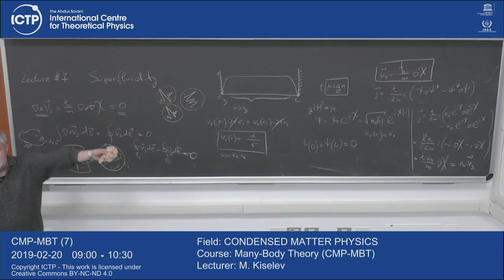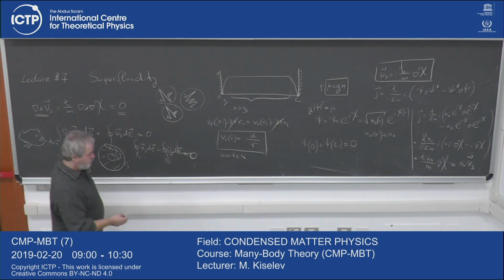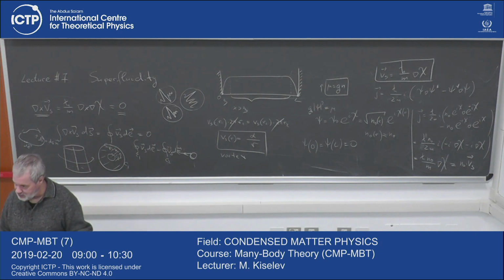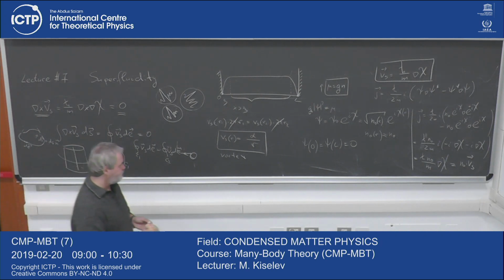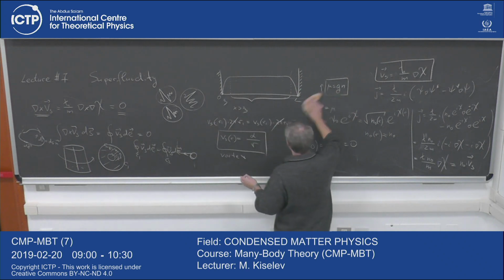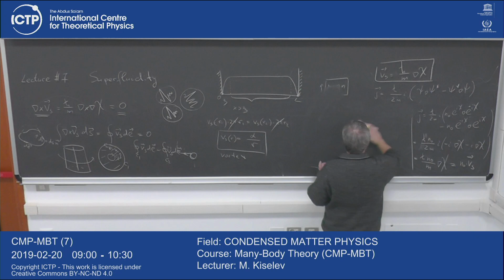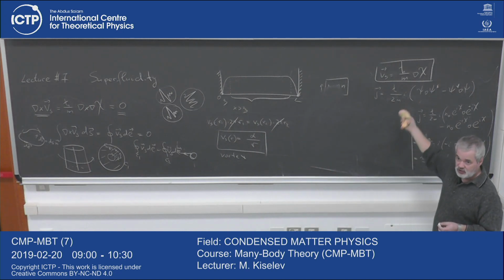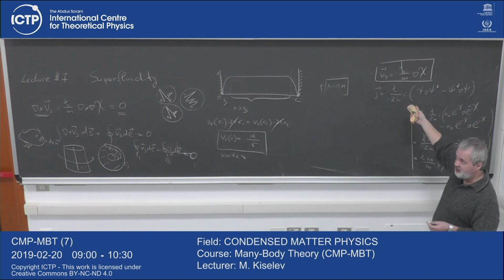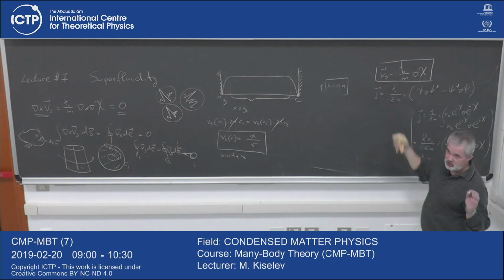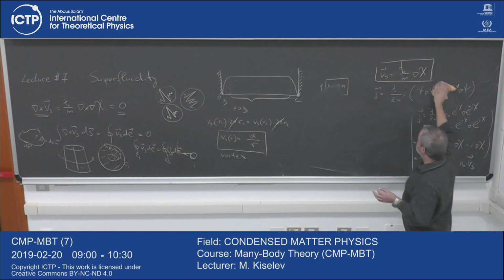And then the velocity field depends on r this way. Is it clear? Again, everything we get is just from the superfluid behavior, that the wave function is just modulus times phase, and the superfluid velocity is associated with the gradient of the phase.